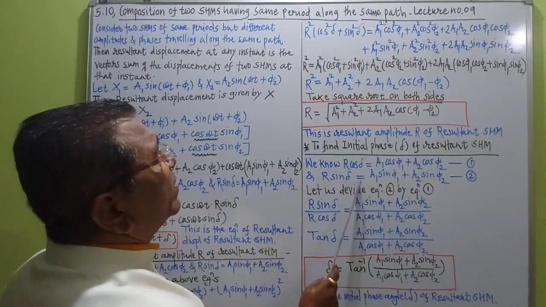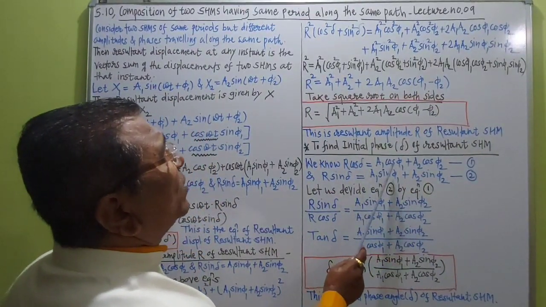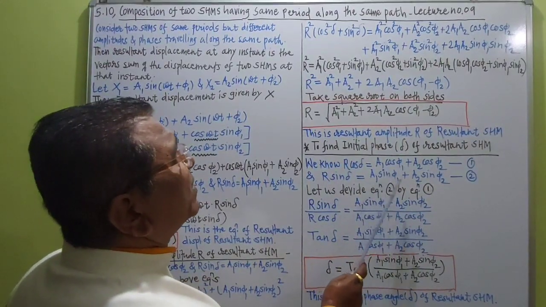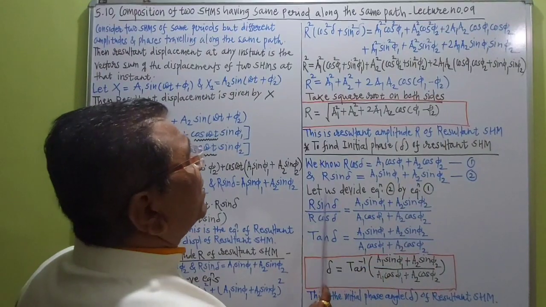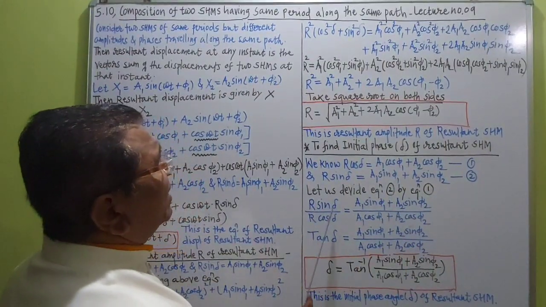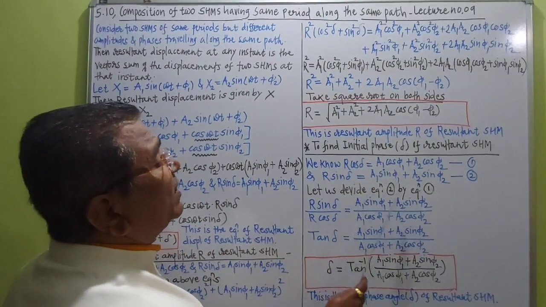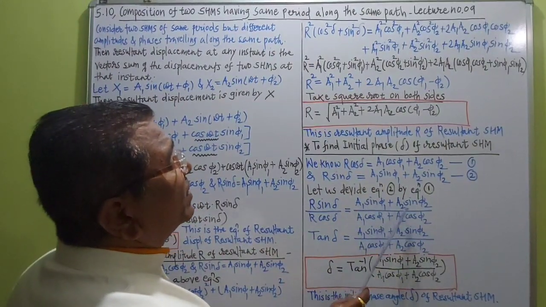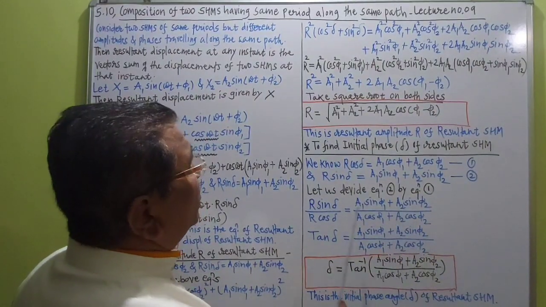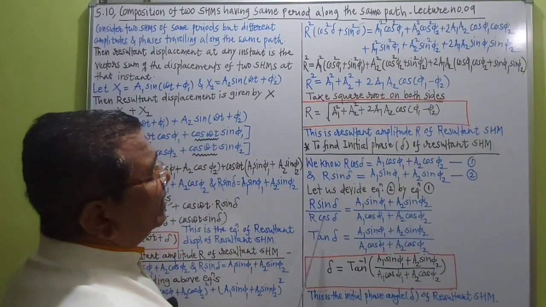Again take these two equations. R cos delta is equal to A1 cos phi 1 plus A2 cos phi 2. R sin delta is equal to A1 sin phi 1 plus A2 sin phi 2. Let us divide equation 2 by 1. We get R sin delta upon R cos delta is equal to A1 sin phi 1 plus A2 sin phi 2 upon A1 cos phi 1 plus A2 cos phi 2. Here capital R gets cancelled.